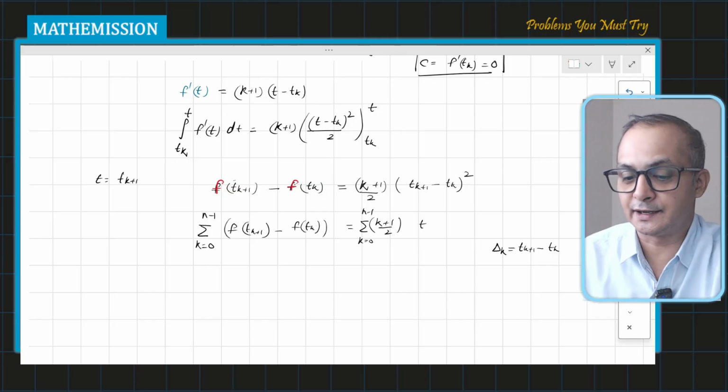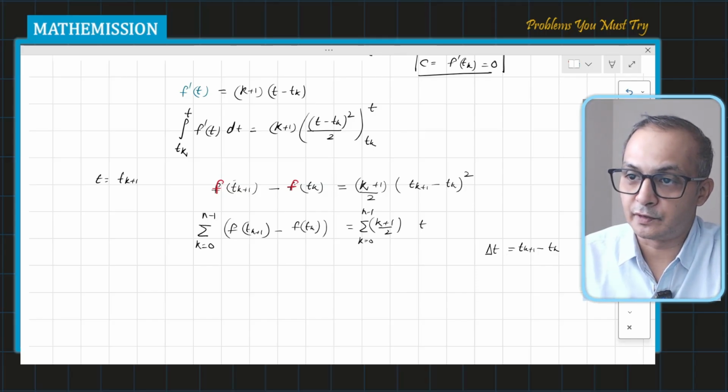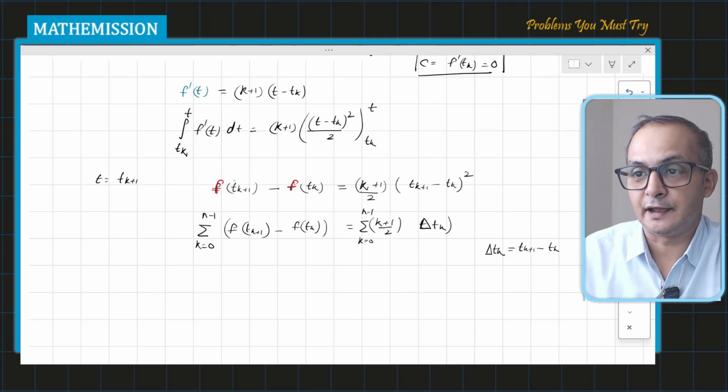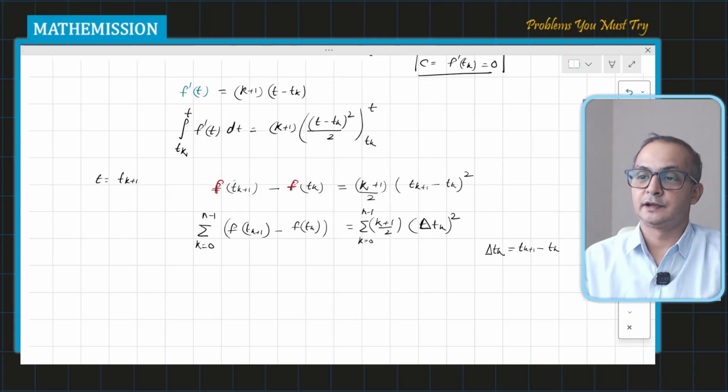I don't want delta tk, I don't want to mess up always, so that is going to be delta k square, correct?